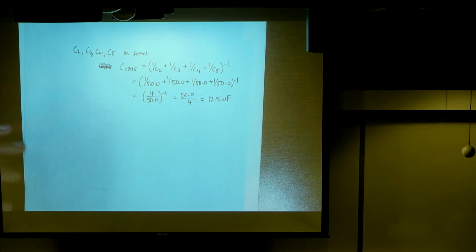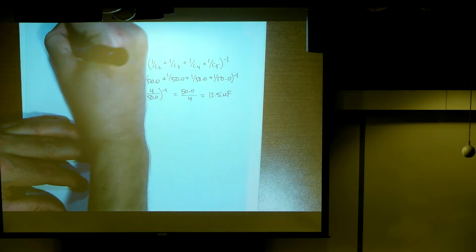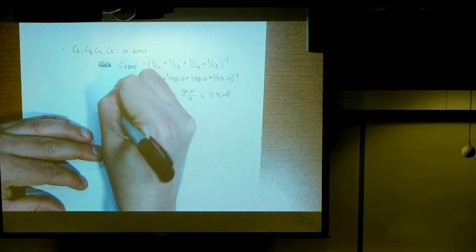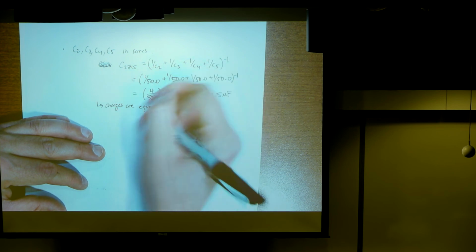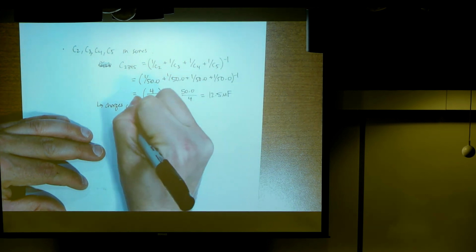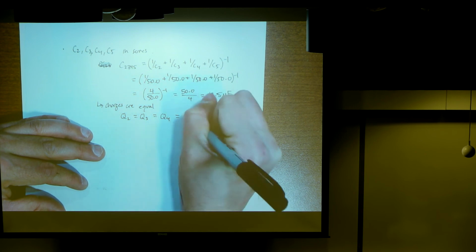microfarads, correct. Okay. The next thing to deal with here, we haven't combined everything yet, but when we have capacitors in series, what can we say about the charges? Charges are equal. So, Q2 is equal to Q3, is equal to Q4, is equal to Q5.